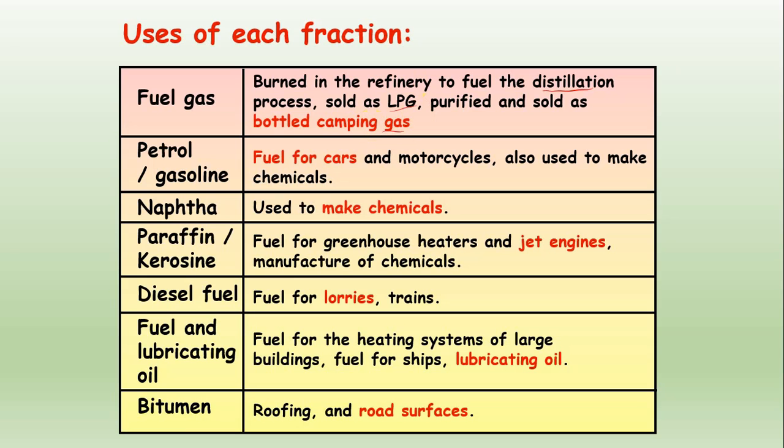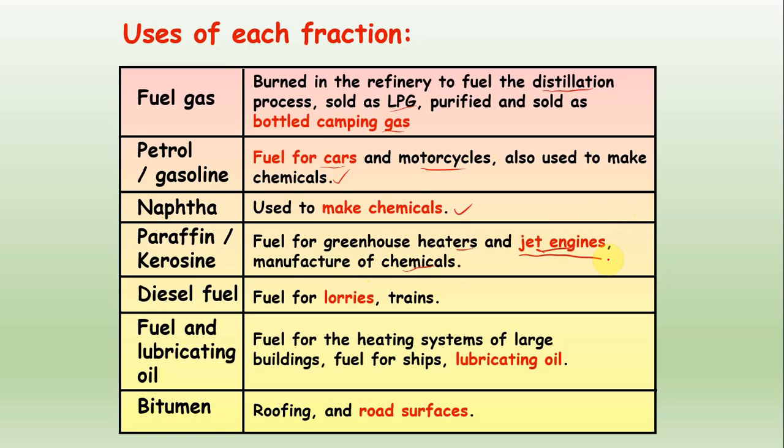Then petrol or gasoline is mostly the fuel for cars and motorcycles, and it is also used to make some chemicals. Then naphtha is used to make different chemicals. Paraffin oil or kerosene oil is fuel for greenhouse heaters and jet engines, fuel for aeroplanes, and it is also used for the manufacture of different chemicals.